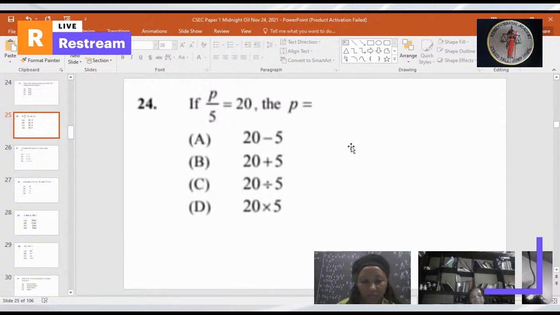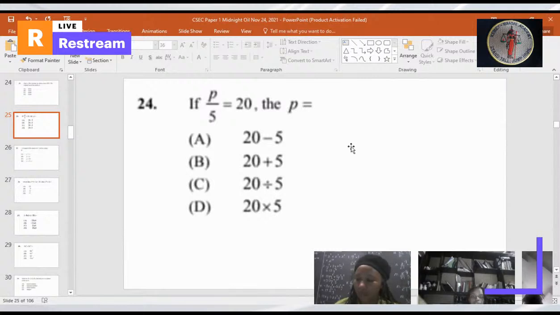Okay, Imani, you want to take this one? Yes, miss. If p over 5 equals 20, then p equals... So p over 5 would mean p divided by 5. Since we want what p is, we would multiply 20 by 5.